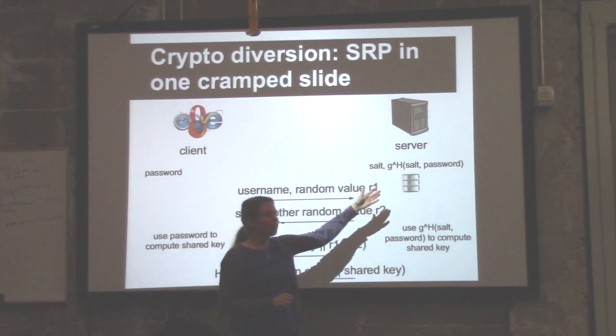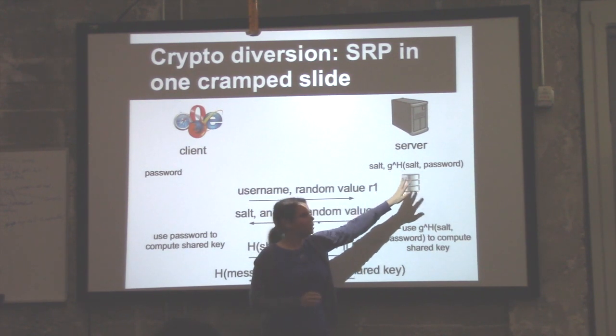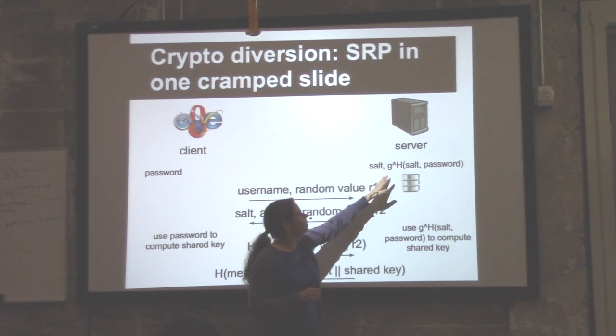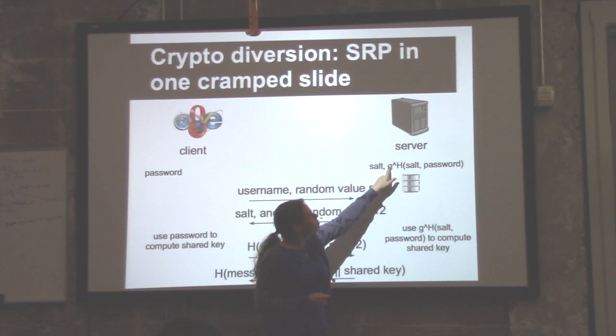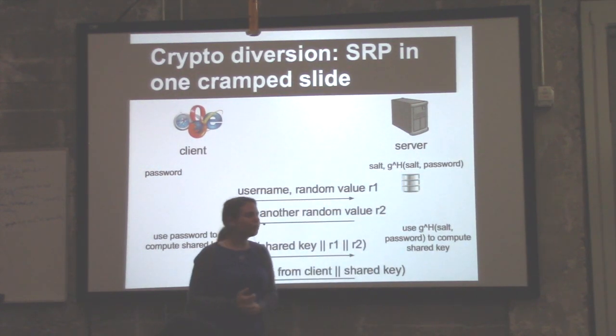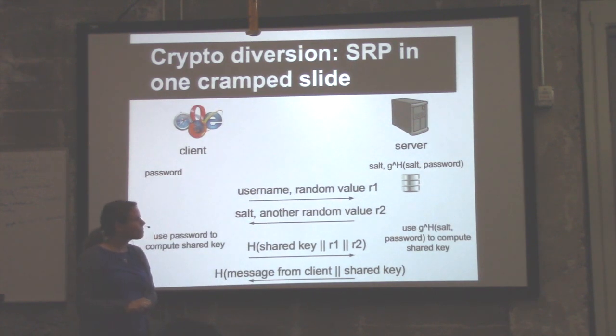This is a parameter, a group element if you're familiar with discrete math, this is a parameter of the system, this is a hash function, and this is the salt. And this is what the server stores in its database.